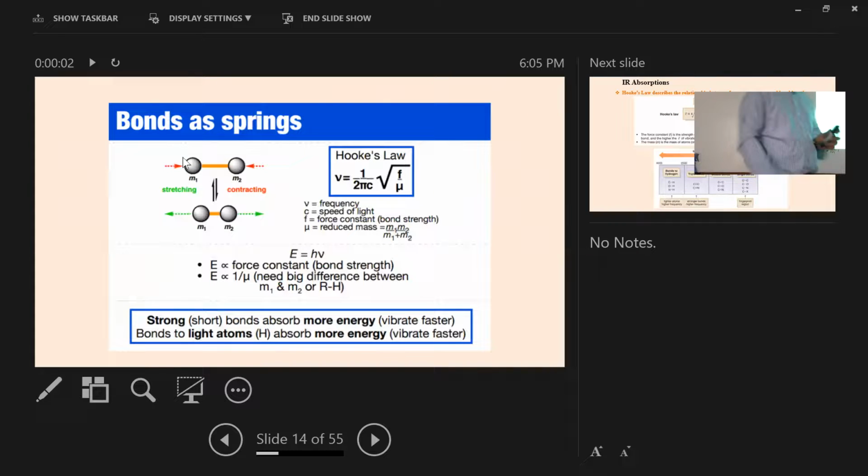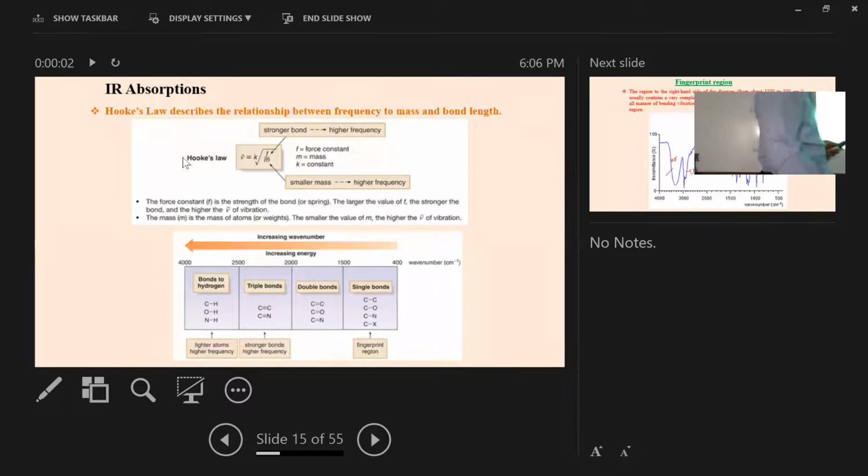Okay, this is our bond spinning like this. Maybe I go for this one. So Hooke's law, you are familiar with Hooke's law. Hooke's law says that the frequency of vibration is mu equal k square root of F divided by M. Then what are the terms individually?